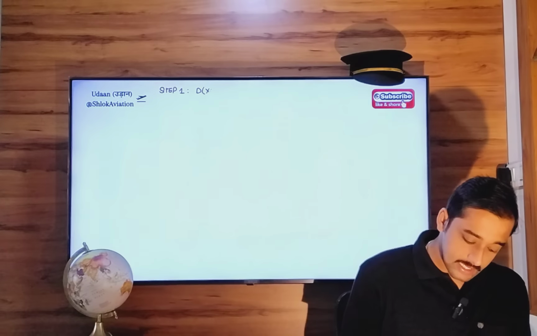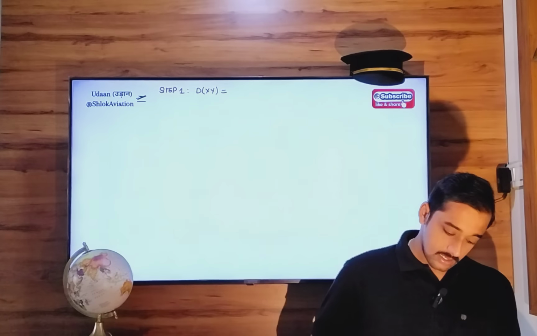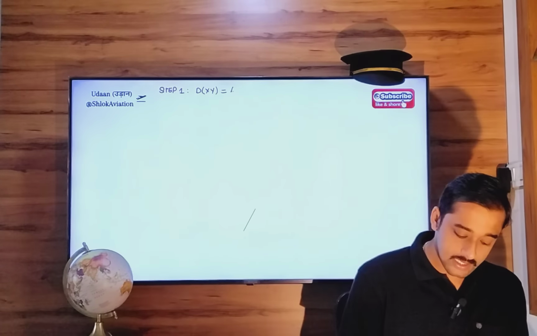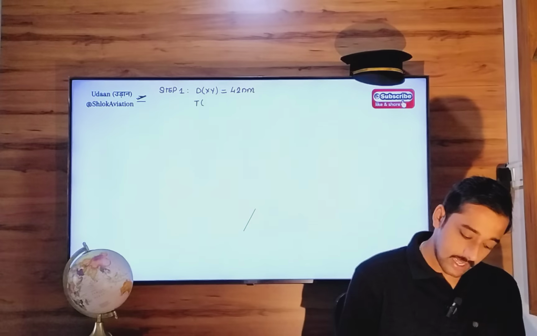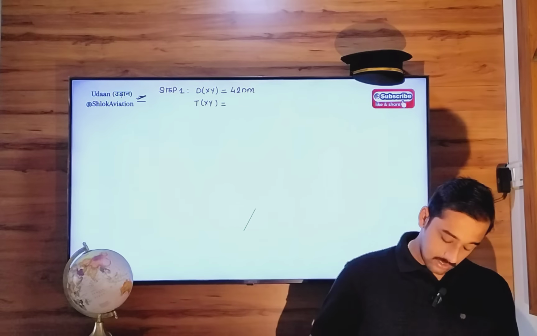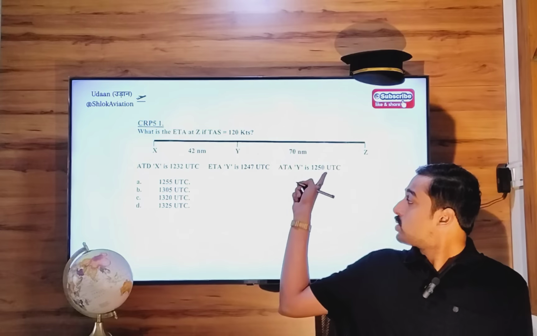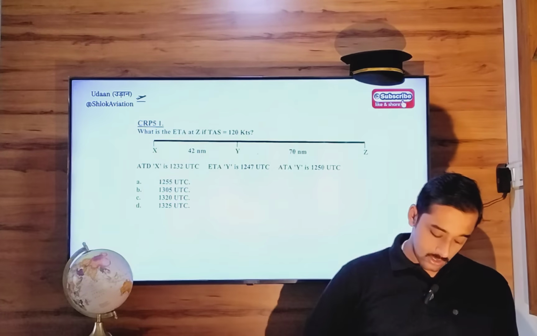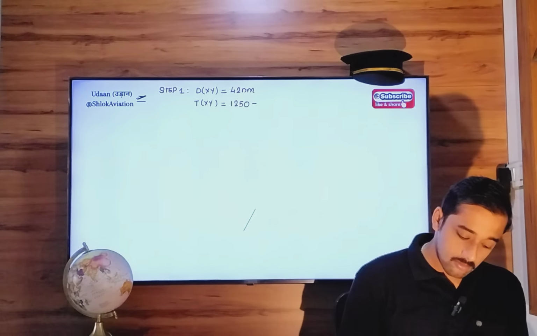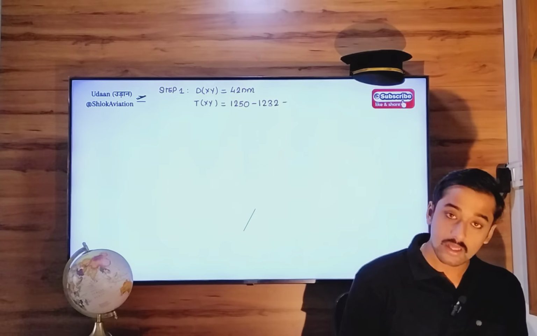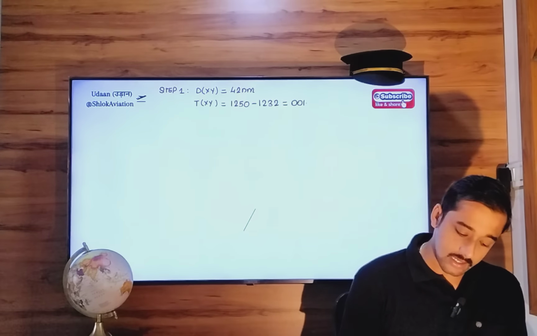Distance between X and Y is equal to 42 nautical miles, right? Time between X and Y is equal to 1250 minus 1232, that is 18 minutes.